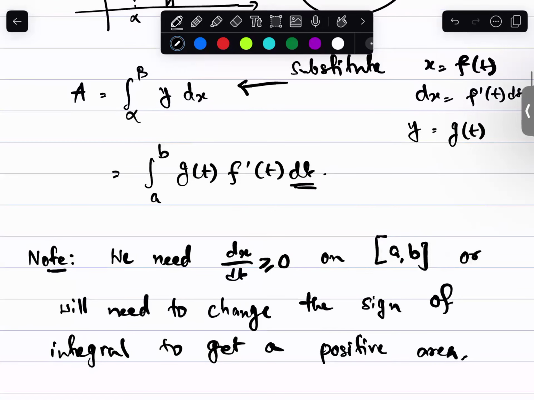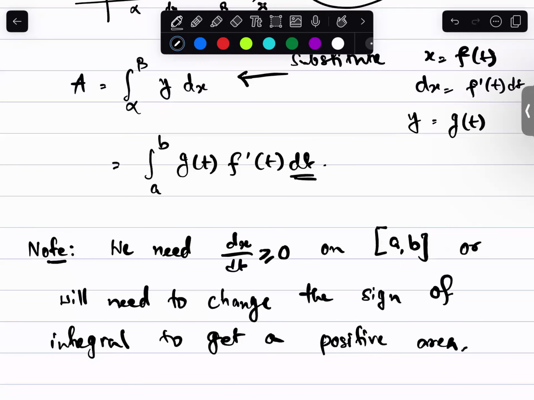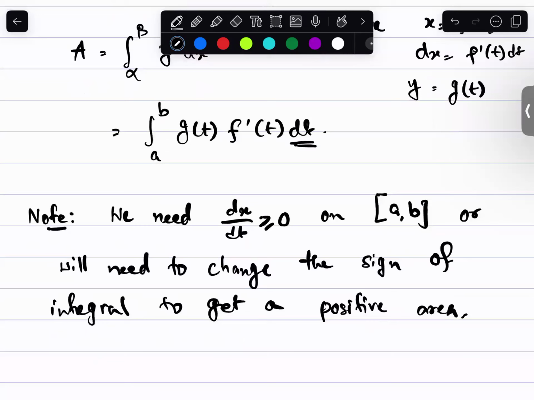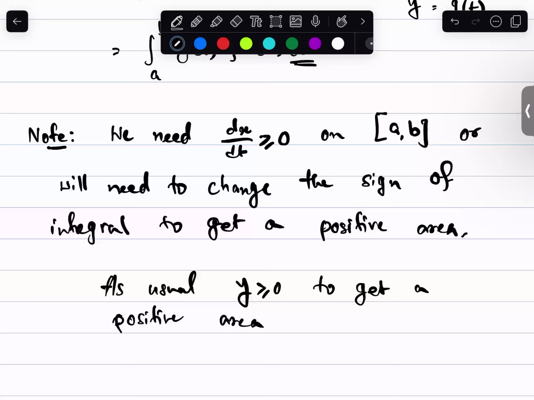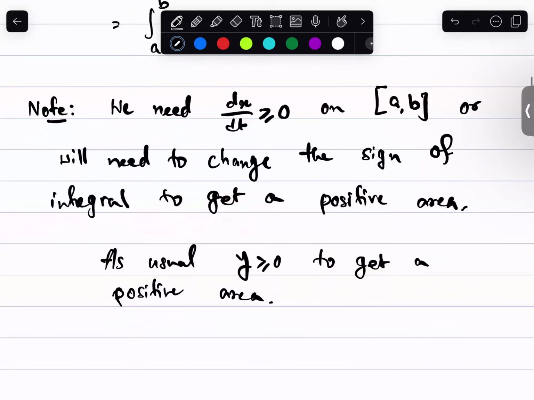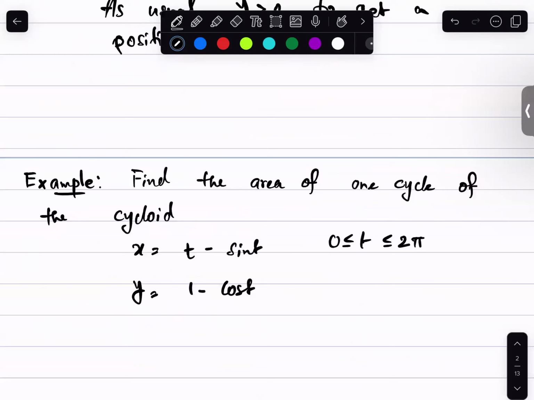In our physical world, areas are always positive, so we have to make sure that we do not encounter any negative sign as the result of area under a curve. To ensure that, we need dx over dt to be greater than or equal to 0. And as usual, our y should be greater than or equal to 0 to get a positive area. We will see one example to understand this note fully, but that will come later.